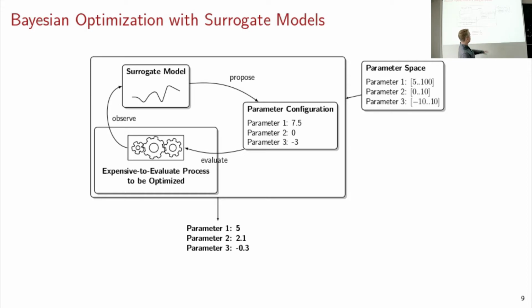Lots of parameters, it might look like this. Then we evaluate our expensive process here. We record the result of these evaluations. We use that to train our surrogate model. Common choices are random forest and Gaussian processes. I think in our experiments we mostly use Gaussian processes.